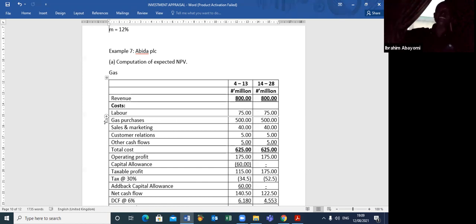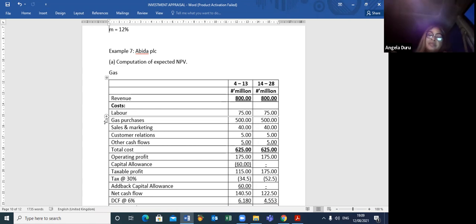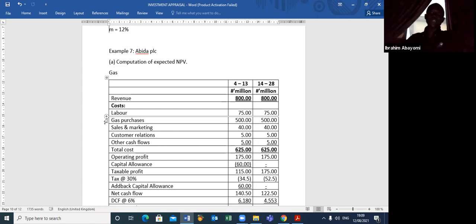From now until that project starts, let me say year 1 to 8. So revenue will start at the end of year 8, which is year 9. If Dangote wants to start operation now, let's say the project starts in year 2022.